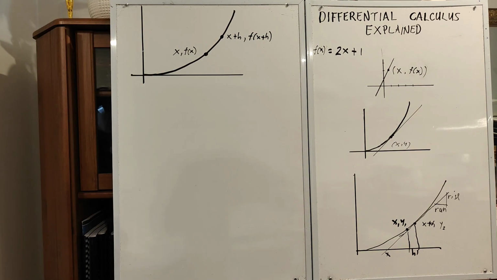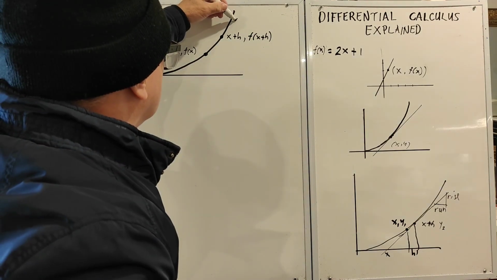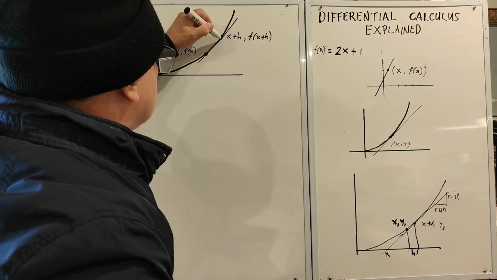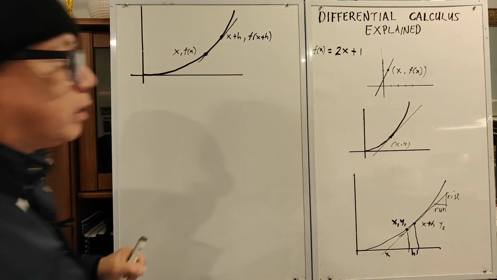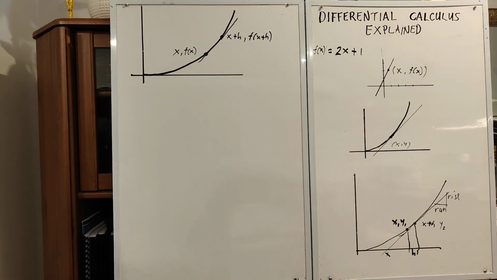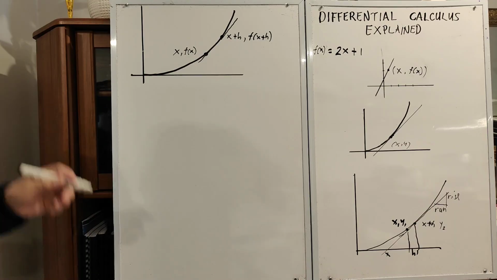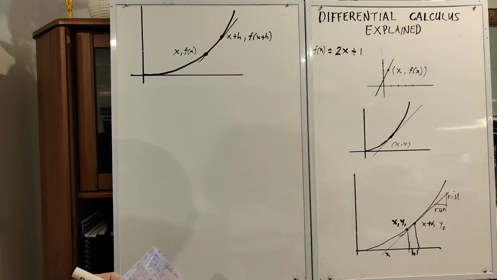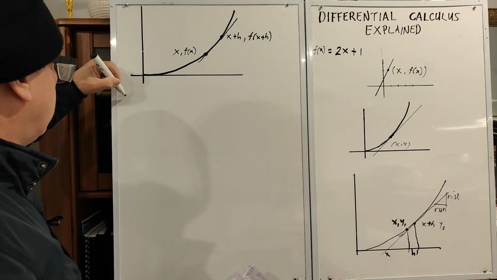Now, if you remember, we are getting this slope. We now have 2 points. So because we have 2 points, we can now use the formula for the slope. So what is the slope?